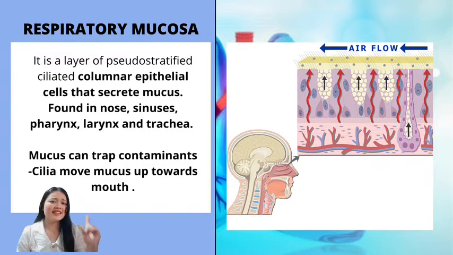Then the cilia move mucus up towards the mouth. Cilia, or small hairs, project from the epithelium lining the nasal mucosa and create motions which drain mucus from the nasal passage to the throat, from where it is swallowed and digested by the stomach juices.